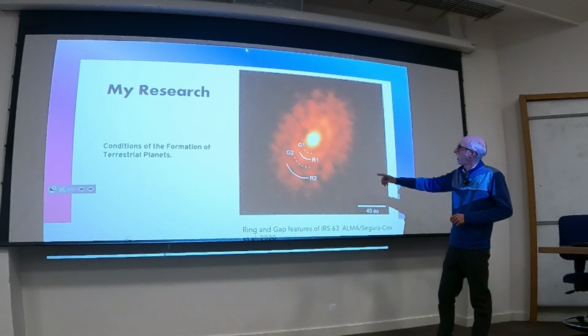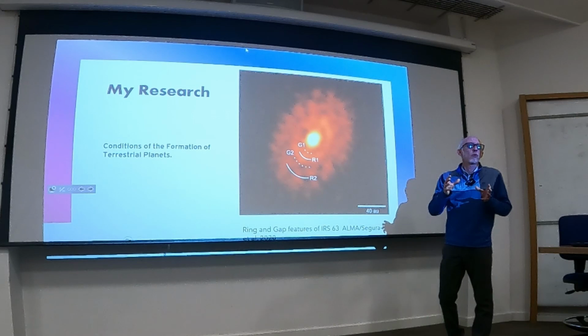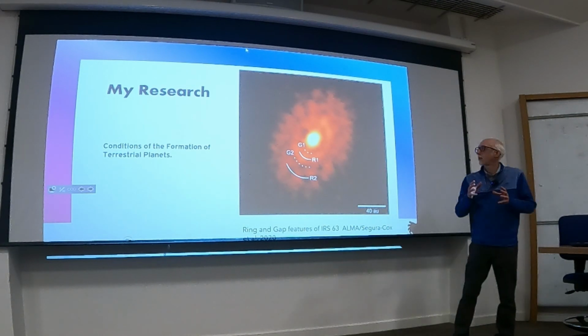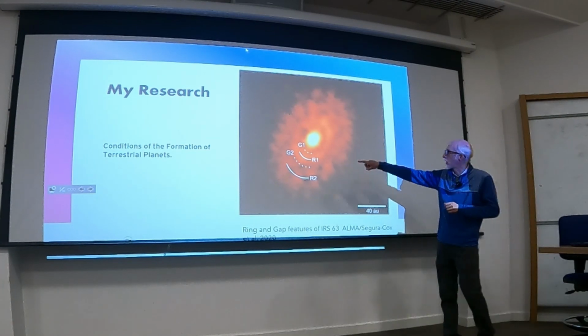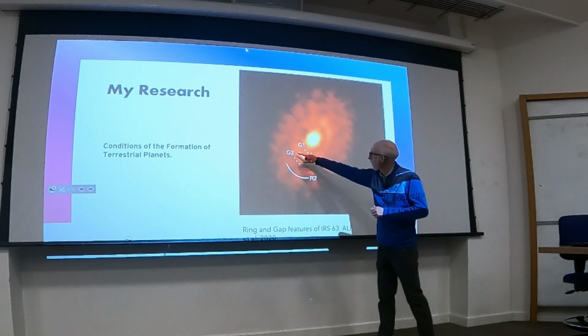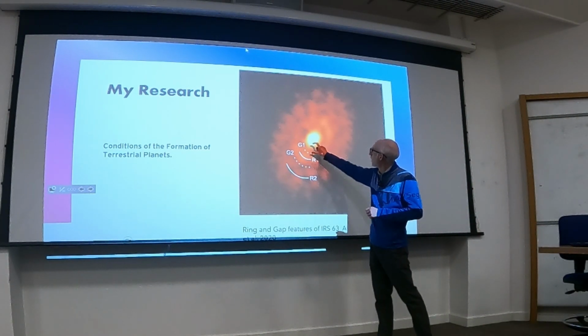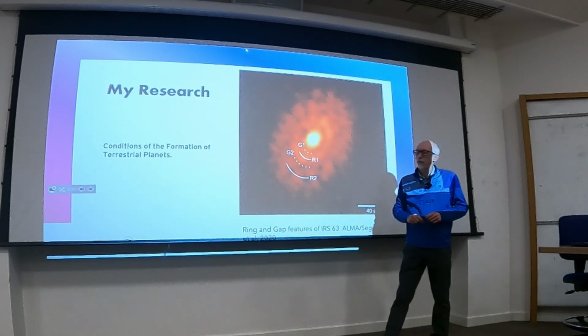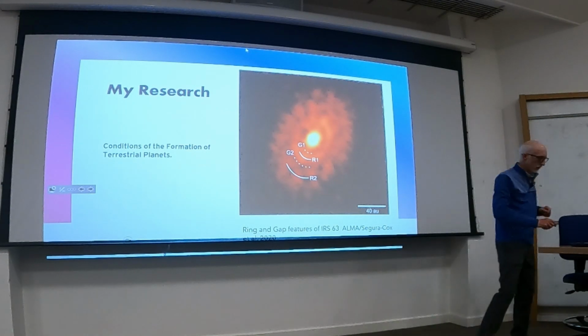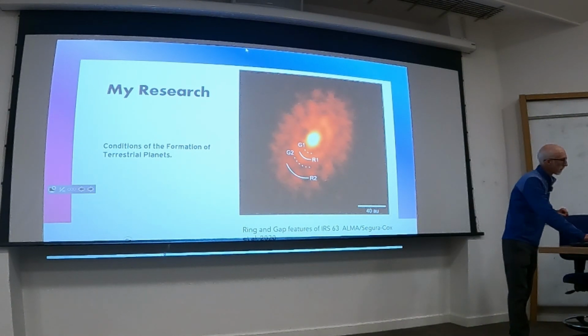And a YSO is a big ball of gas that's not quite a star yet, so it's what's going to become a star. And this is where the planets begin to form in these rings here. Well, the gaps is where they form. And our project is mainly concerned with the conditions for the formation of the terrestrial planets in the inner disk.